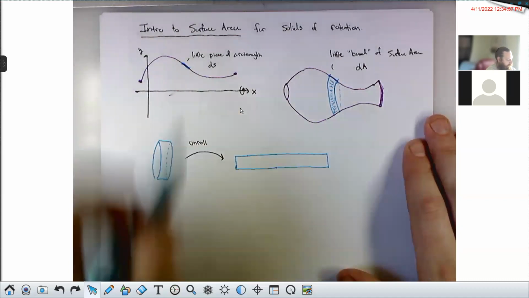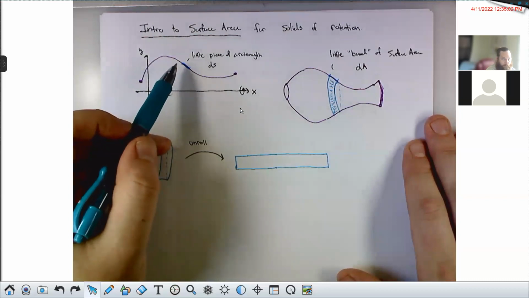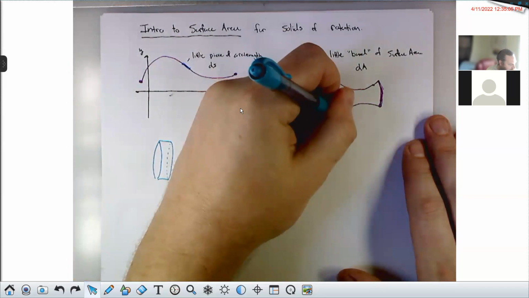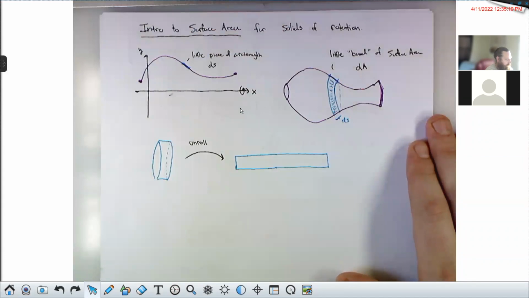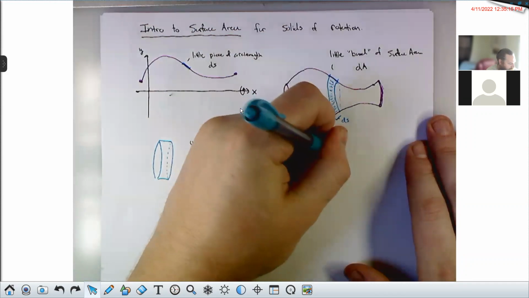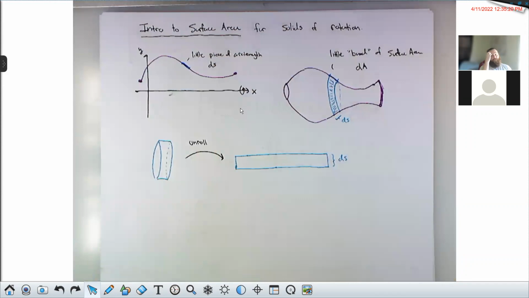I know that this length here was ds, which means that this dimension here is ds. And that is this dimension of my unrolled band. What is the other dimension? What is like the width here, the length of my unrolled band?